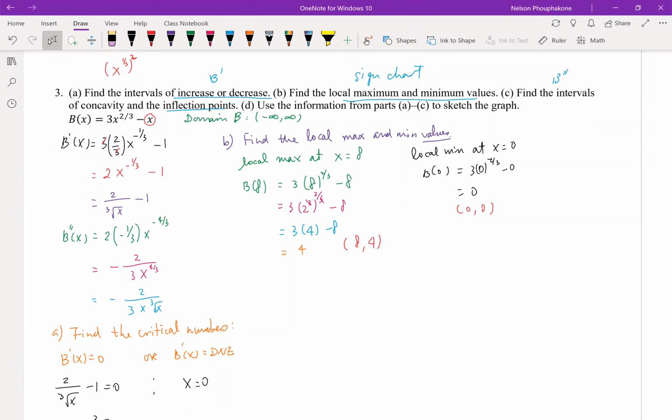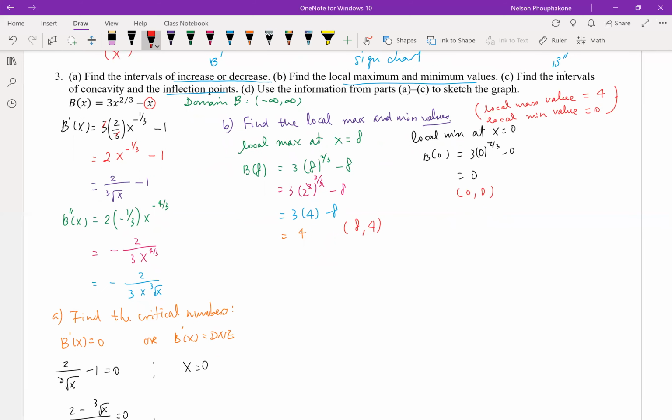If I answer values, the local maximum value is equal to 4. Local minimum value is 0.